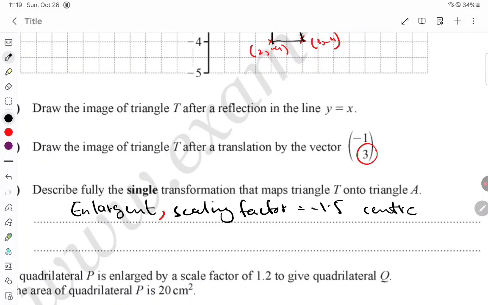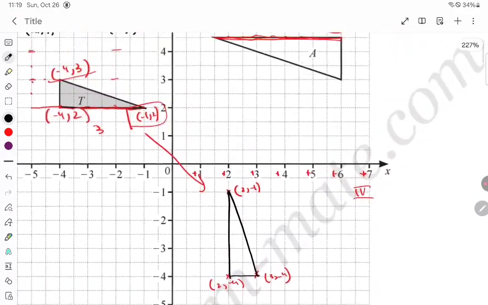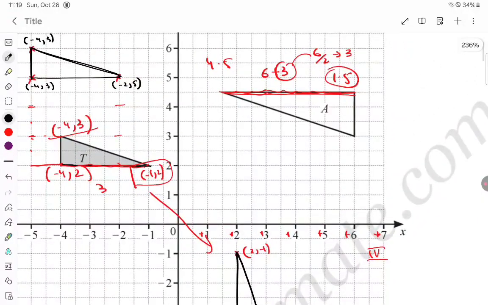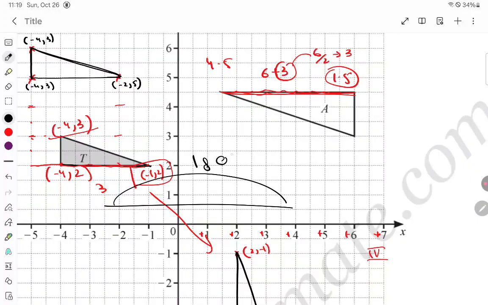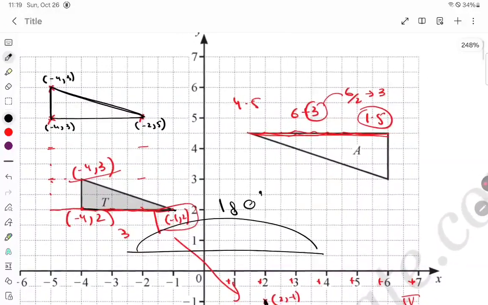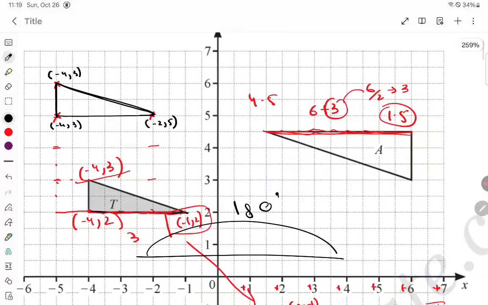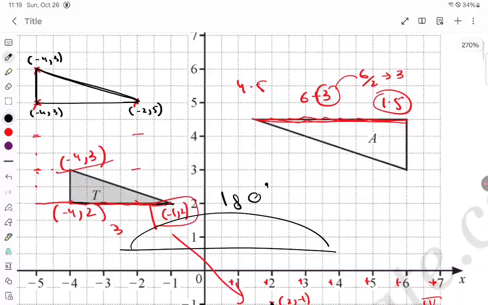How can we calculate the center? Since it is a 180-degree shift, this is our 180-degree shift. So simply join the lines with the original triangle.